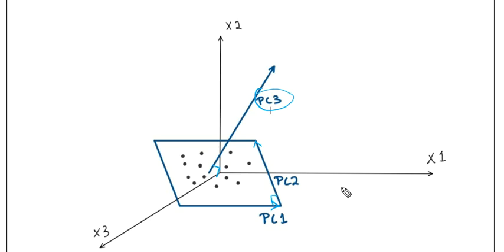So now coming to the question of how many principal components are enough for our analysis. How many principal components do we need? Suppose there are 1000 variables, how many principal components do we need to select? We have to remember that in general the data will follow Pareto's principle, that is the 80-20 rule.